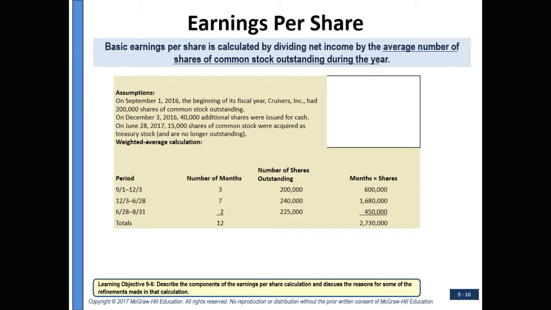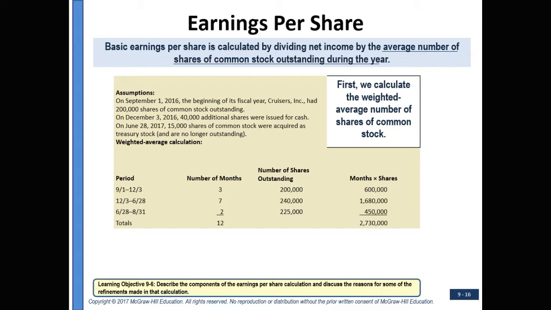And one thing that occurs on the face of every income statement is the earnings per share. Basic earnings per share is calculated by dividing net income, so the bottom line, by the average number of shares of common stock that were outstanding during the year. The first thing we have to do is calculate the weighted average number of shares of common stock.